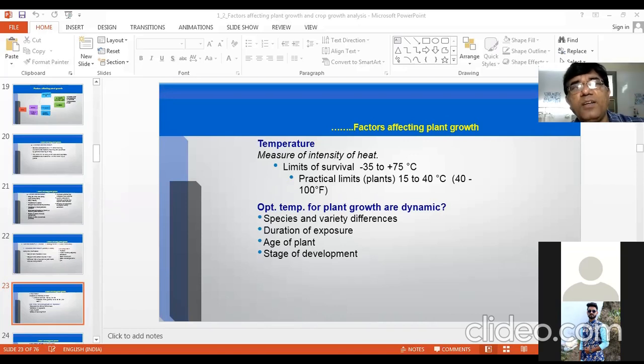You will find different temperatures at different growth stages. So all these factors affect the optimum temperature: species, duration of exposure, age of the plant, and stage of development.